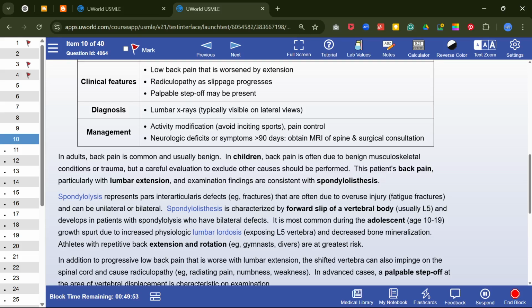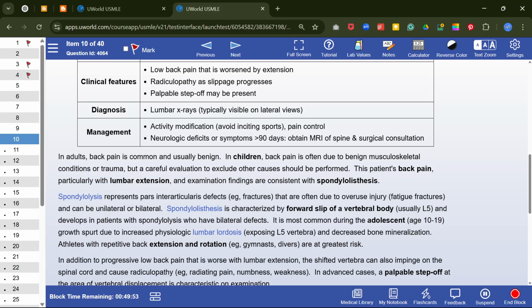Spondylolisthesis is characterized by forward slip of a vertebral body, usually L5, and develops in patients with spondylolysis who have bilateral defects.